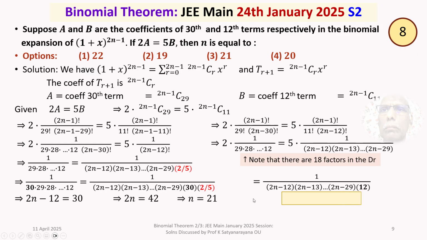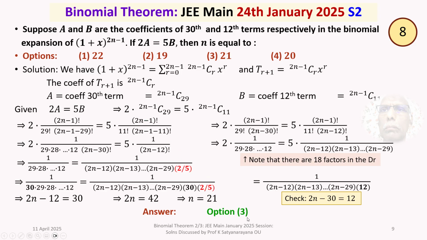When n is 21, the last factor 2n − 29 is followed by the next term 2n − 30, which is 12. So 12 is nothing but 2n − 30, so it is adjusted. No problem. Therefore, the answer is n = 21.